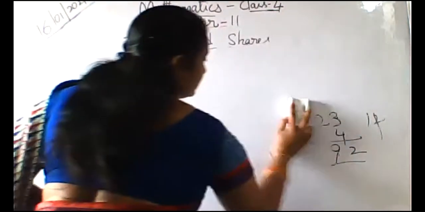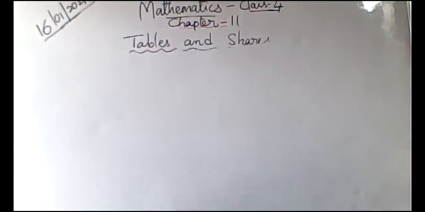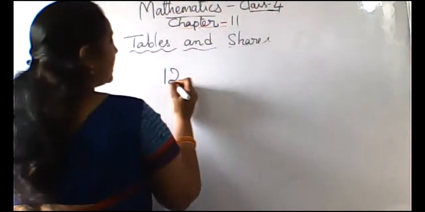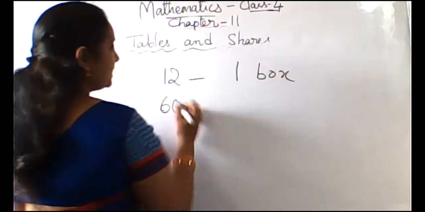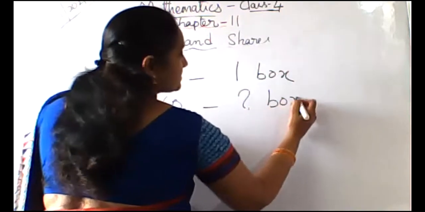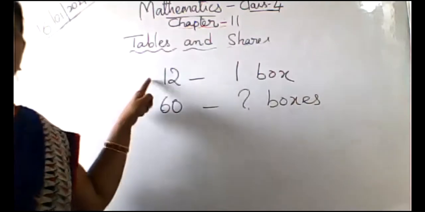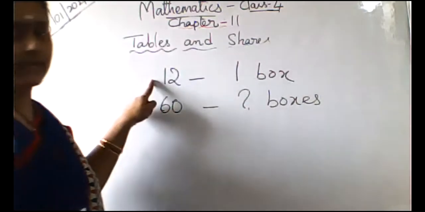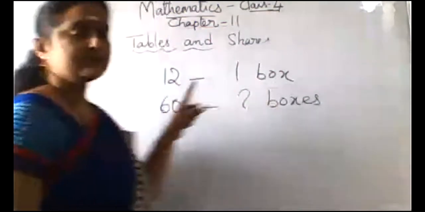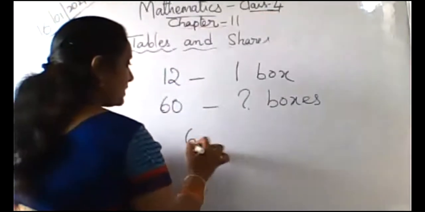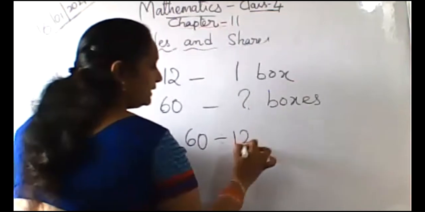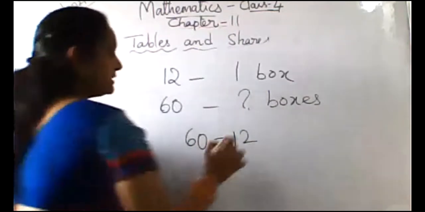Five boxes. Very good. So 12 laddus, one box. 60 laddus, how many boxes? What do we have to do? 60 divided by 12.